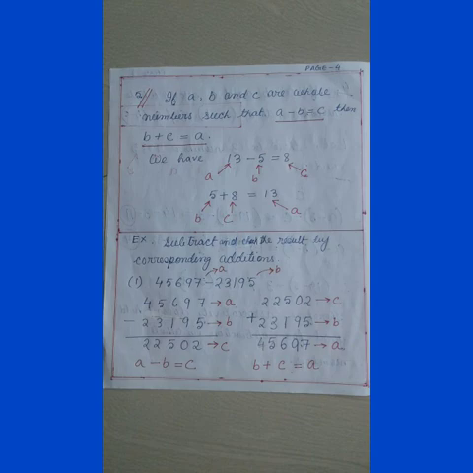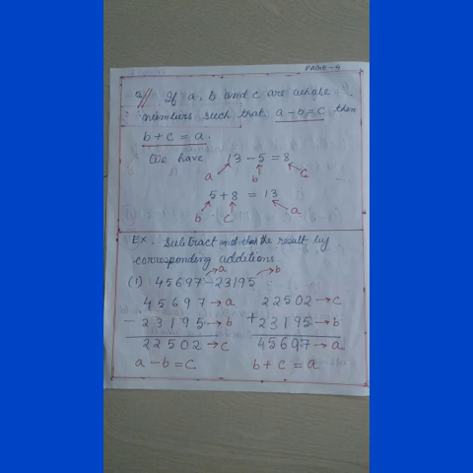Now let us start with example 1. Subtract and check the result by the corresponding addition. That means here we shall use property number 5. I am given two numbers A and B. A is 45,697 and B is 23,195.